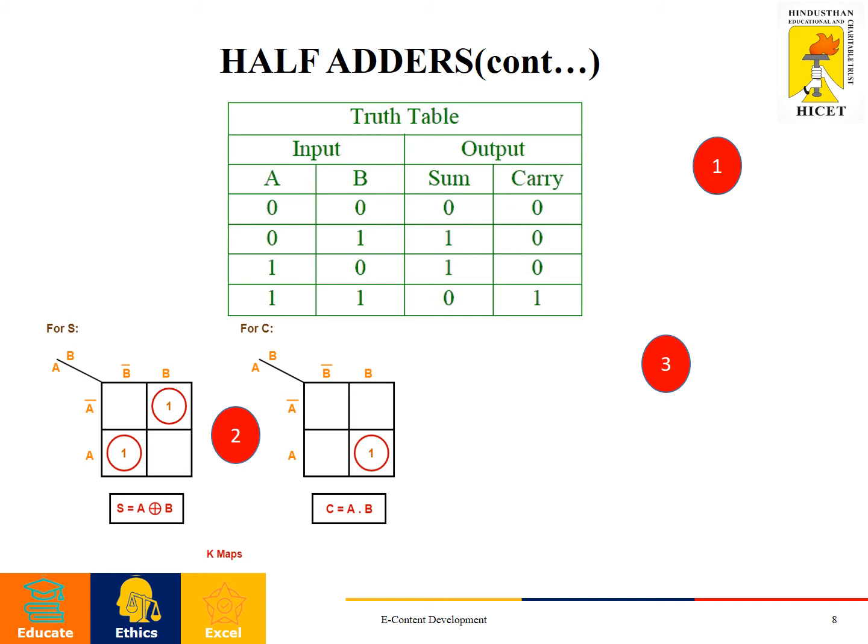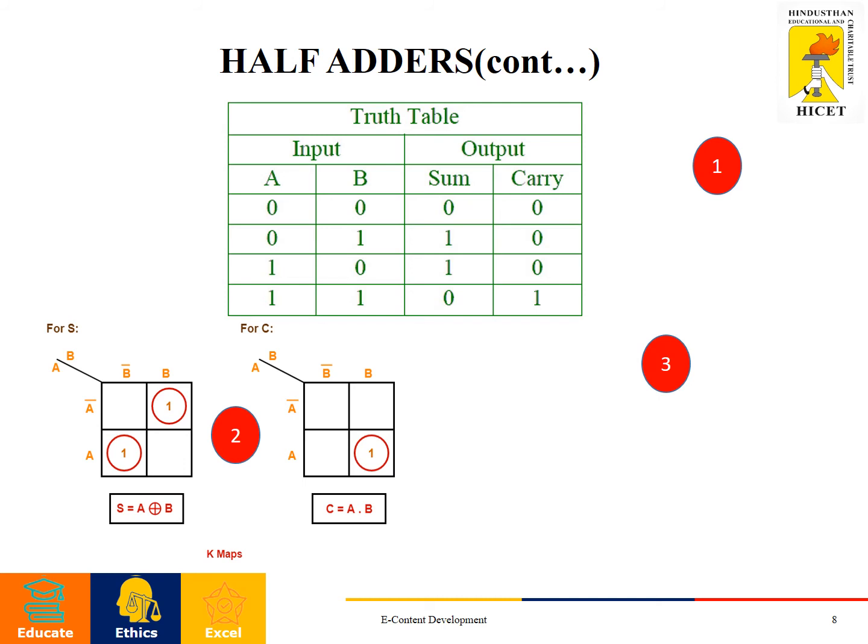And after writing the truth table, we can form a K-map, that is Karnaugh map. Since two inputs are given here, we can express it as a two variable Karnaugh map. For sum we need a separate Karnaugh map, and for carry we need to represent a separate K-map.